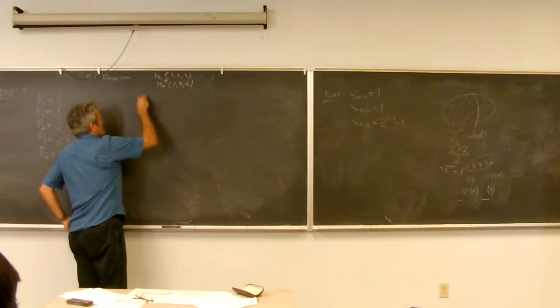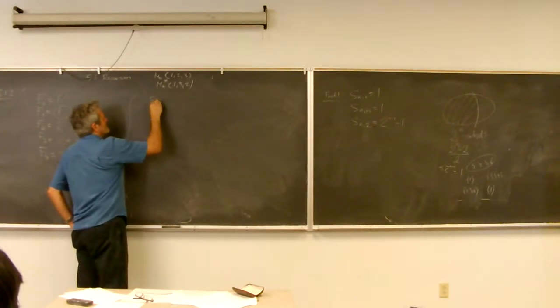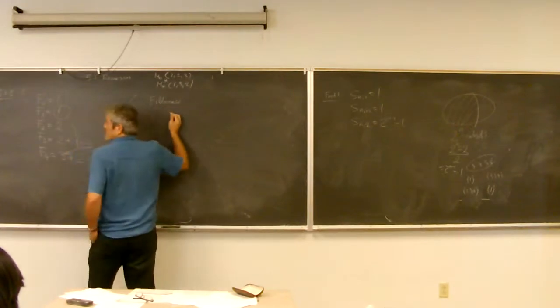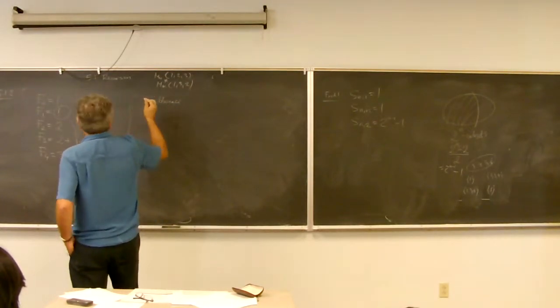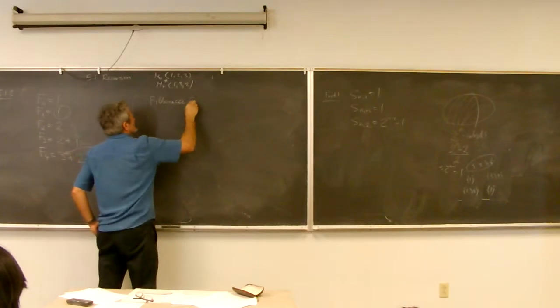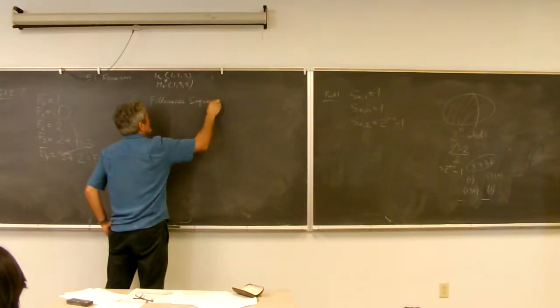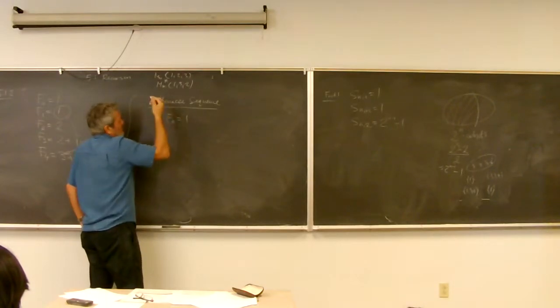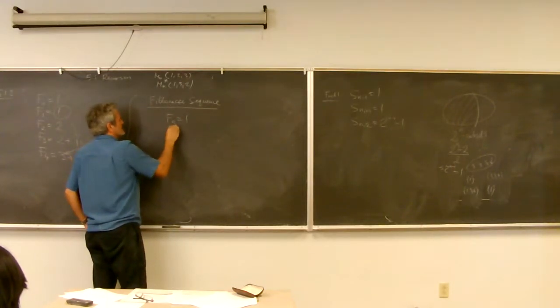So the formula says what? So Fibonacci sequence. So F0 is 1, or you can call it F1. Doesn't matter, just shifting the index.